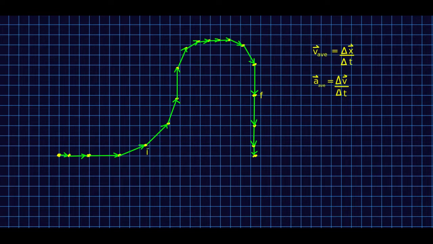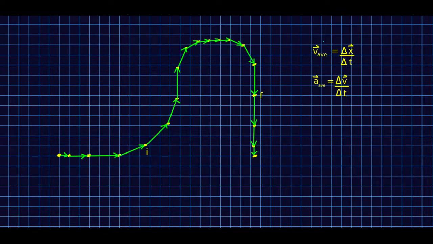Here's this motion diagram again from the last unit. And let's just think about going from some time that I've called initial here to some other time final here, and what the average velocity and average acceleration would be over that much longer time interval.